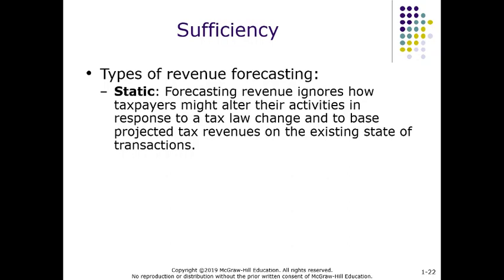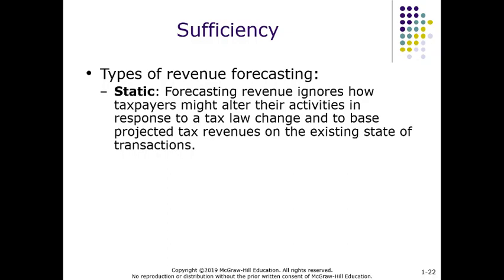And so they just estimated, well, here's how much gun sales we've had. If we pass this tax, we're going to have this much sales, and multiply that times the rate. This is how much additional tax we're going to have.